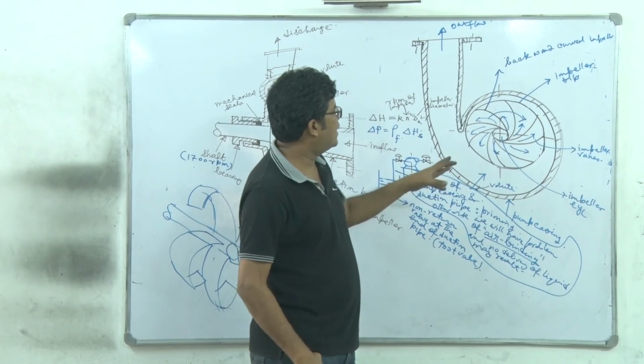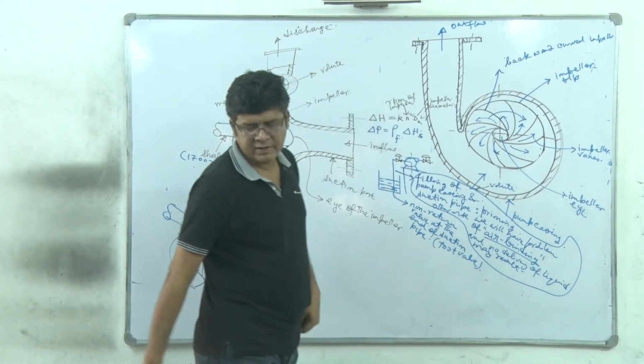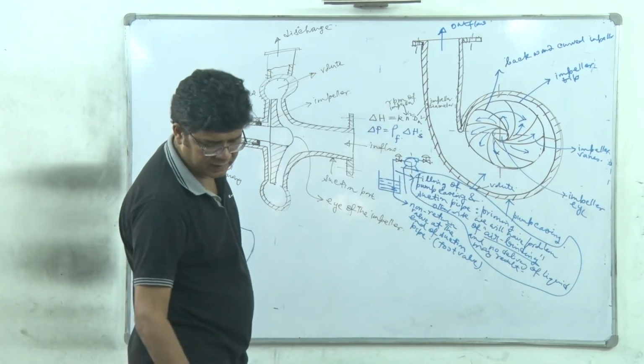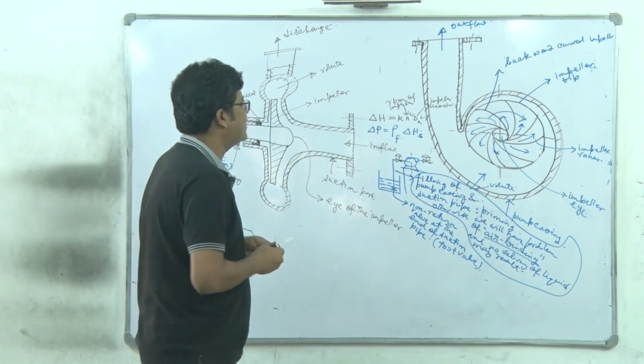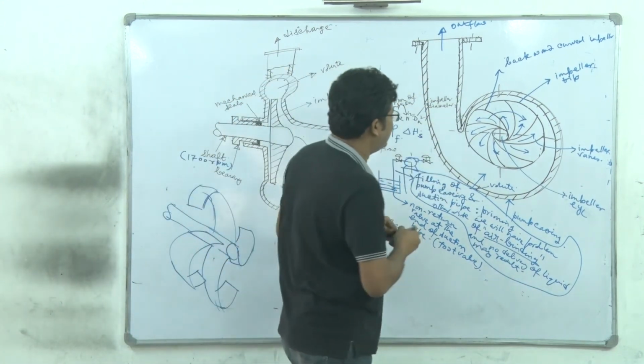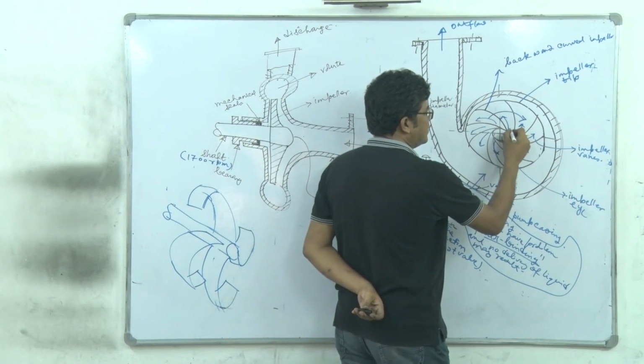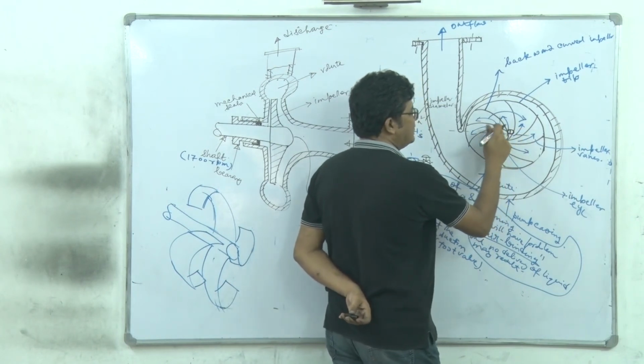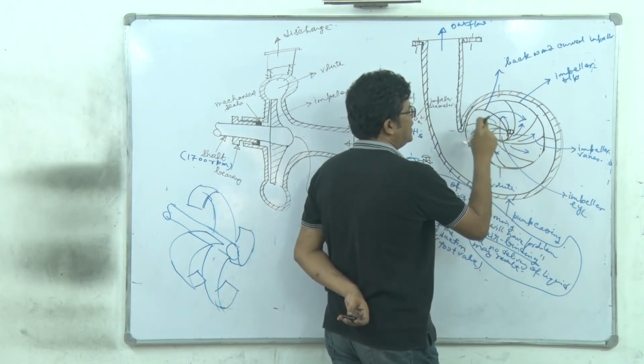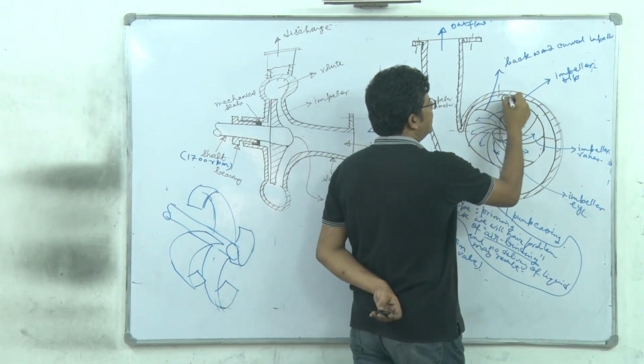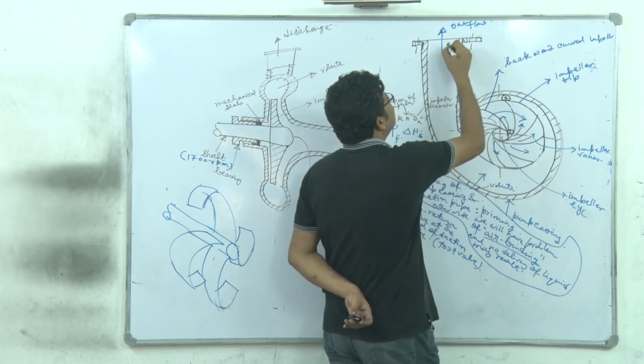Now, if we consider three different points, next we have to understand what is the utility of this spiral part of the casing. Now this region, the central region, is called the eye of the impeller. This is the tip and this is the outlet.